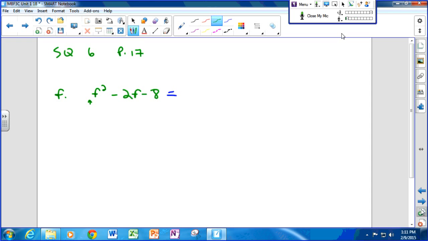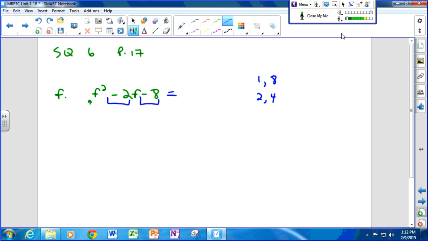Now, if you remember what we need to do here, we have to look at these two numbers, including the sign in front of them, and come up with a pair of values that gives us those two numbers. So 1 times 8 gives us 8, and 2 times 4 gives us 8.